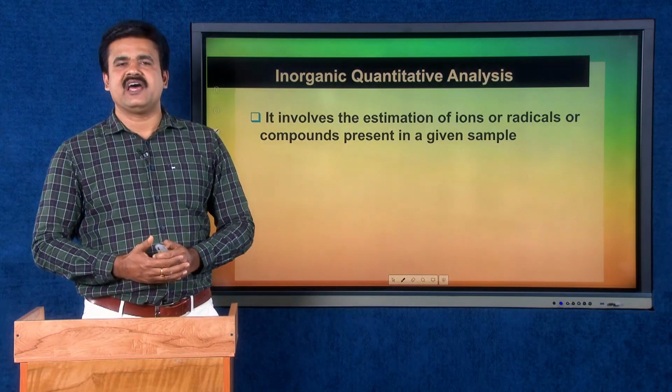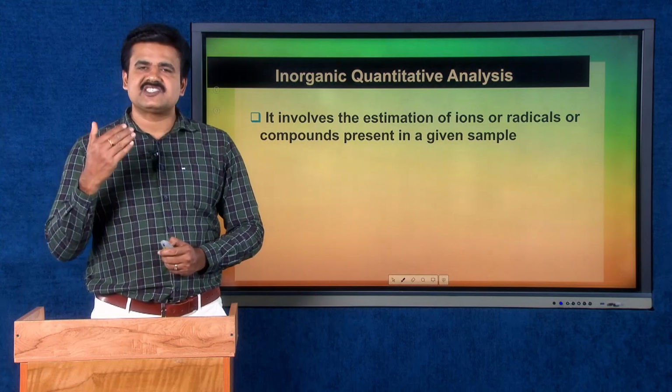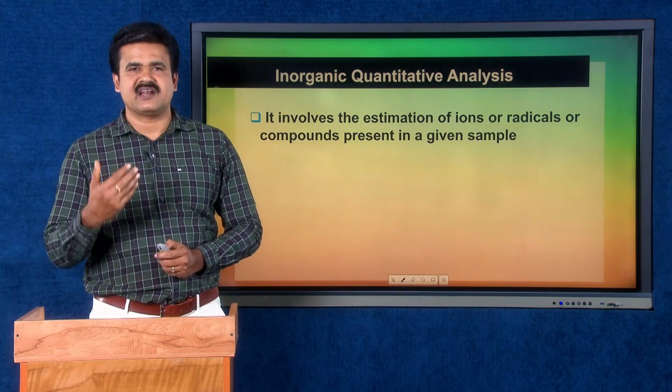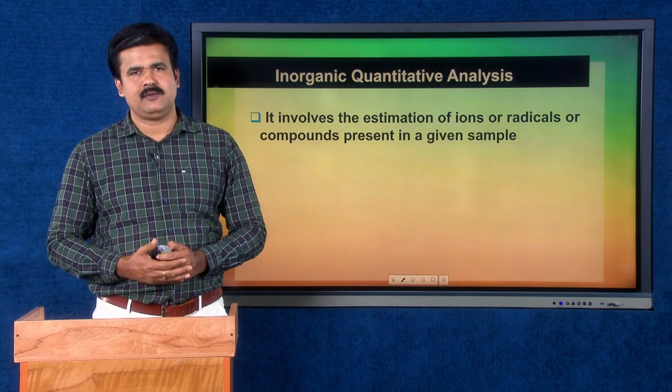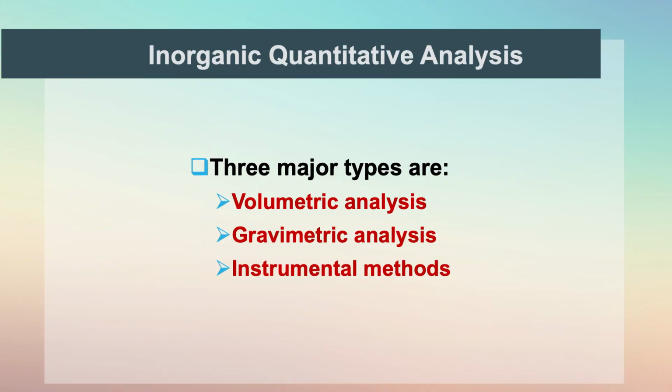Inorganic quantitative analysis involves the estimation of ions or radicals or components present in a given sample. There are different kinds of inorganic quantitative analysis. The three major types are volumetric analysis, gravimetric analysis and analysis with the help of instruments, or instrumental methods.